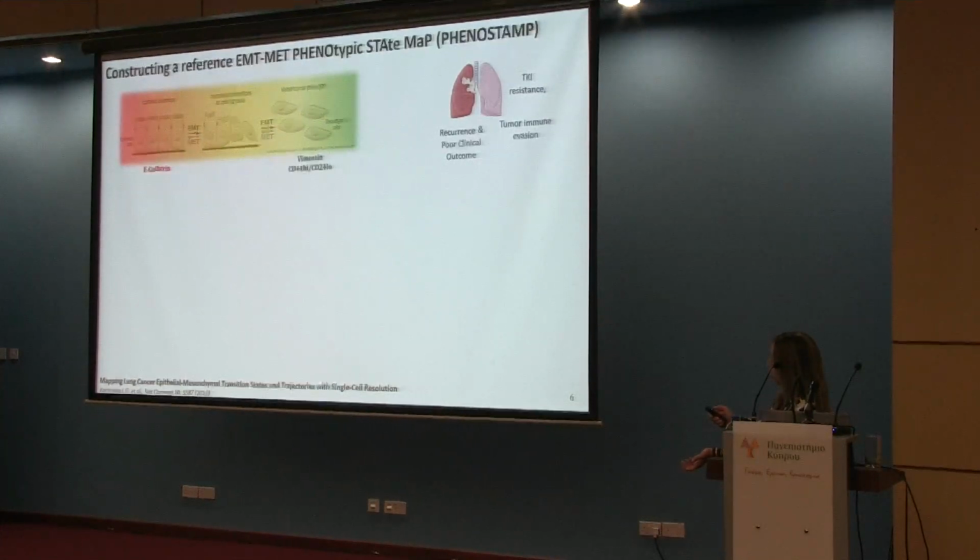The issue in the field was that it's not just this state and this state. There are many intermediate states that up to very recently had not been defined at the single-cell proteomic level. Why is it important to do that? If you know every state's ability to metastasize or be resistant to therapy, then you have a way to target it.